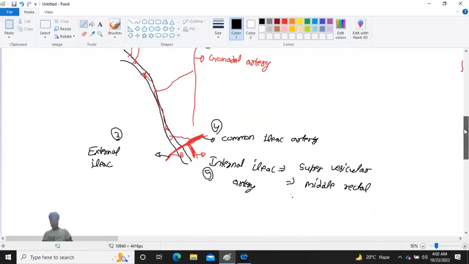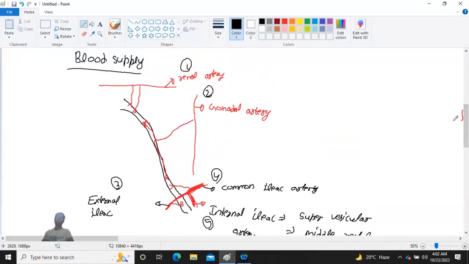Then venous supply is also similar. Renal vein, gonadal vein, common iliac, external iliac. Venous supply is also similar. This is the arterial supply. And here is venous drainage.